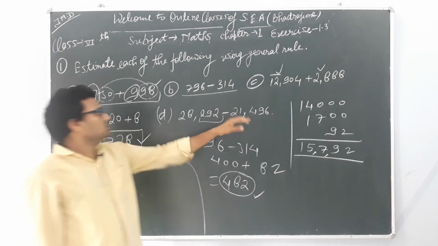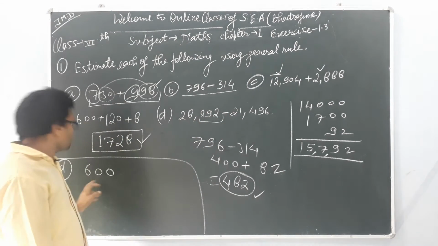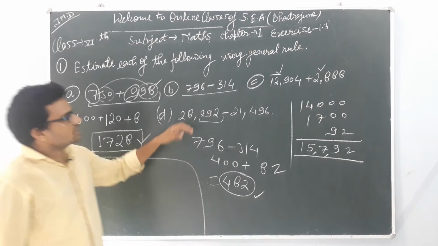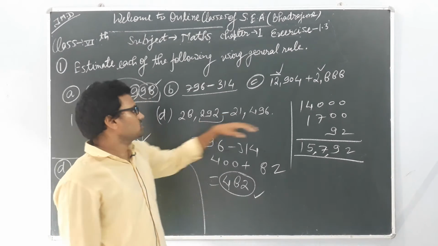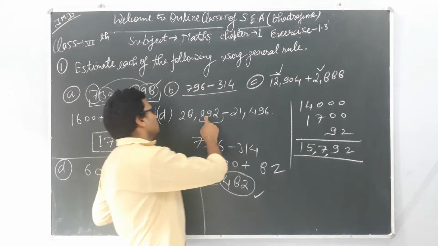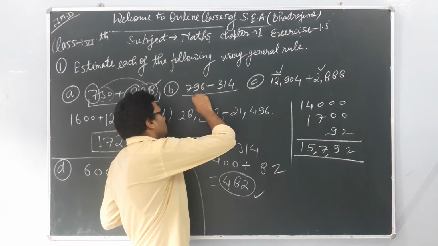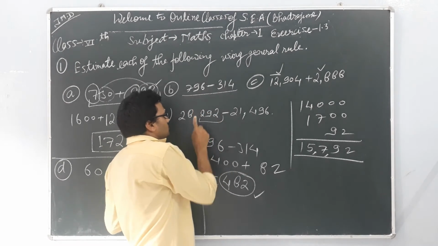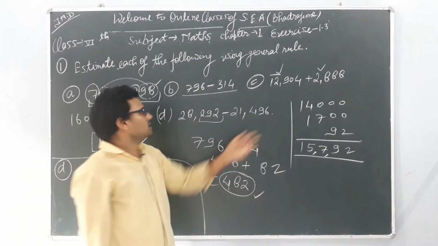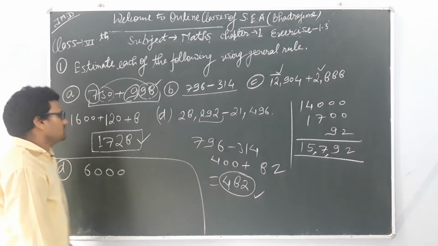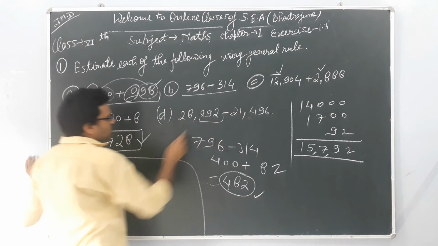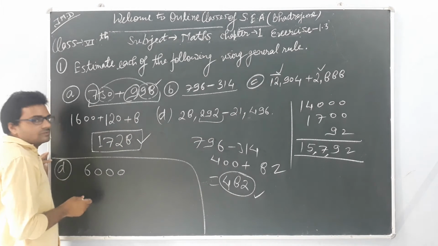27 minus 21 is 6, so I am taking 28,000 minus 21,000, which gives 6,000 after carrying. If we carry 1, this will be 1292 and this is 496. If 400 is subtracted from 1200, we get 800.